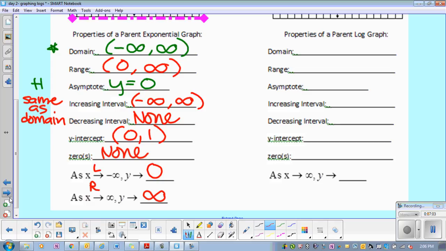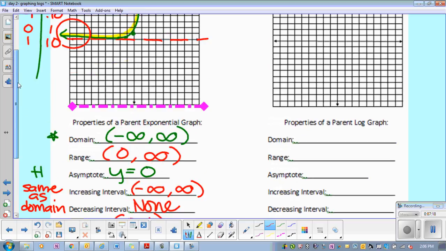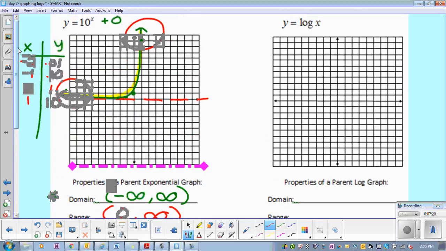All right, so you guys are doing really great with this exponential graph, right? Now, we're going to look at the inverse of exponentials, which is logs. Okay? So y equals log of x. Another way to graph the inverse of something is to flip your x's and your y's.